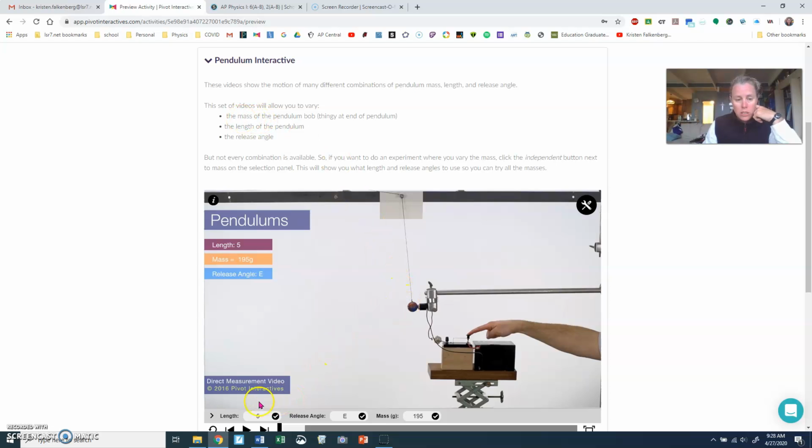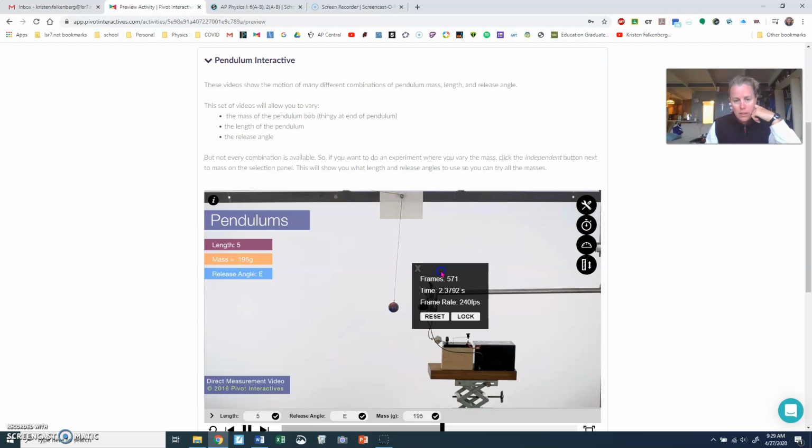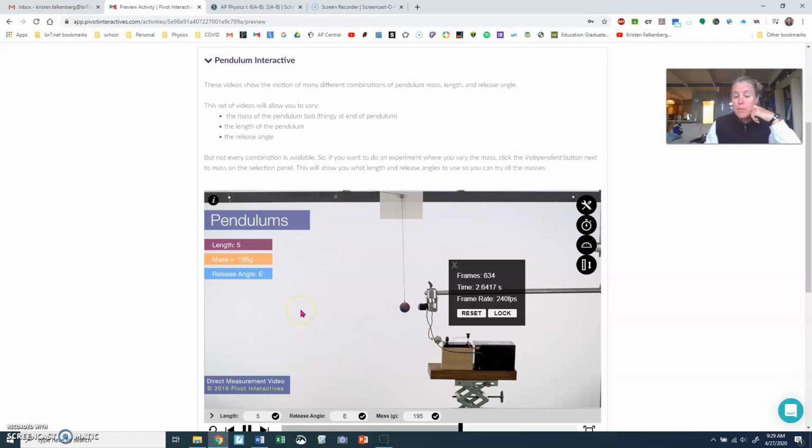I don't know why it's in slow-mo. Is the time going to go in slow-mo? Yes, the time is in slow-mo also. I don't know why the time covers it, but the time's in slow-mo and this frame's in slow-mo.